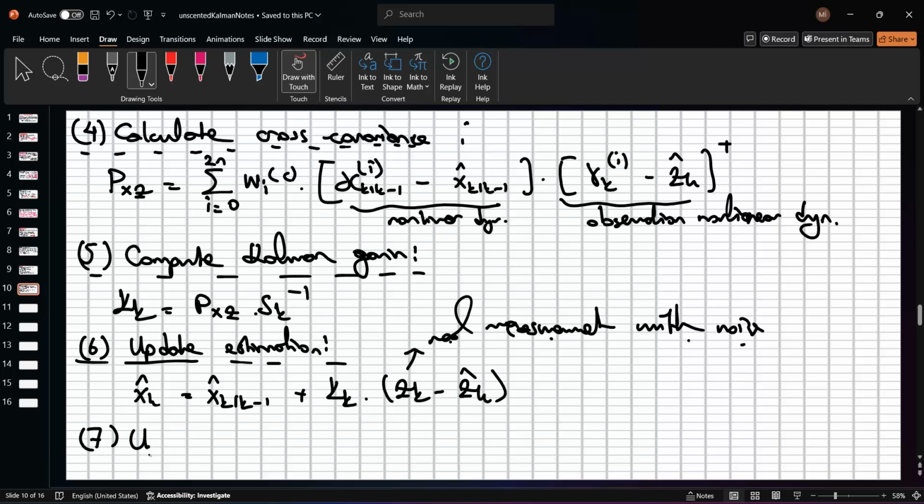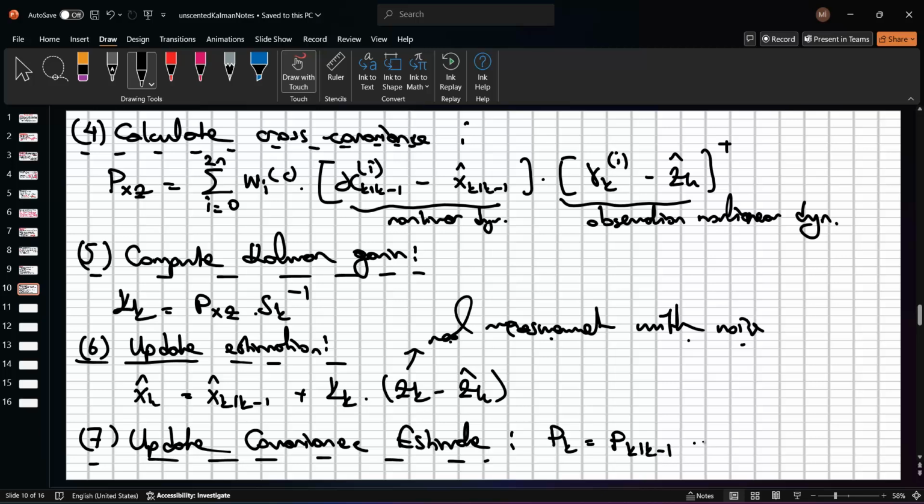Okay? And also we need to update the covariance estimate, which means that we can do this. The Pk value is Pk|k-1, the previous value, minus K times Sk times K transpose. Okay? And so this is the progression of the Pk matrix in here.